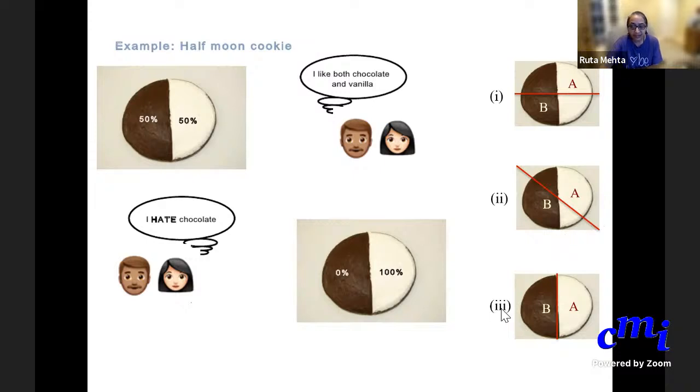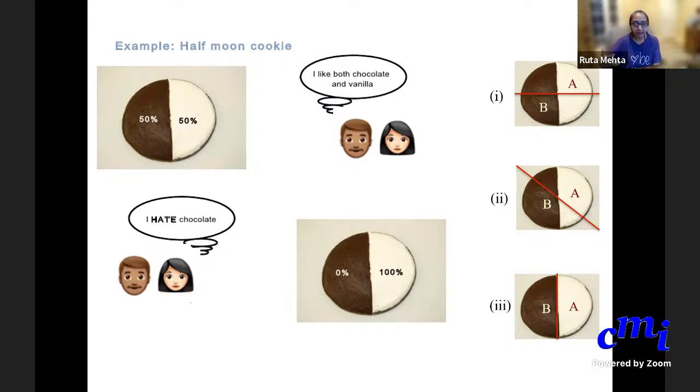In that sense, the third is still fair. Although it seems like you are not doing the division properly, the third outcome, where we give all of the chocolate to Raj and all of the vanilla to Geeta, is still fair from Raj's perspective because he doesn't care whether he gets chocolate or vanilla. And Geeta is the happiest, thrilled because she got all of the vanilla that she liked the most.